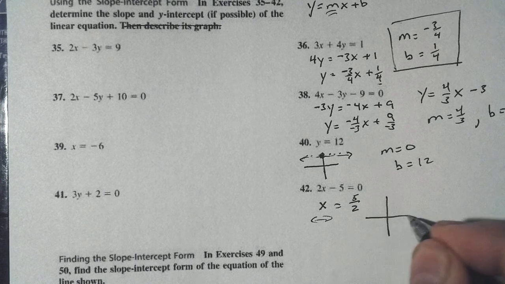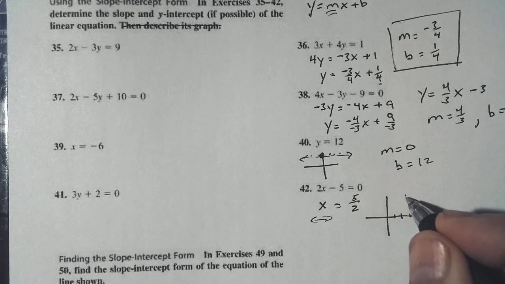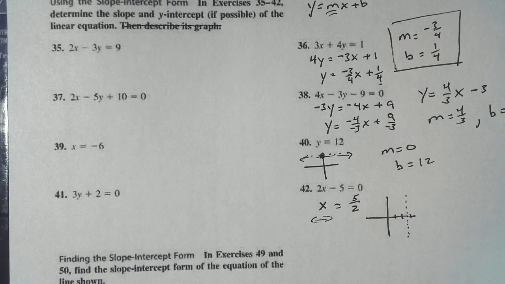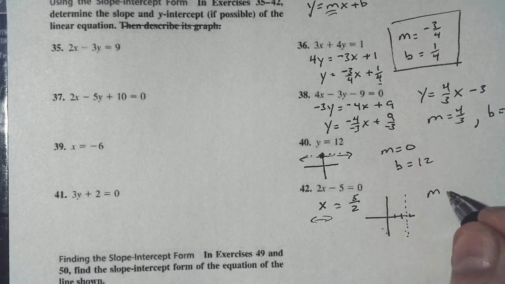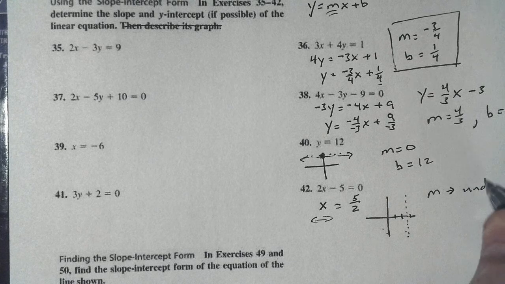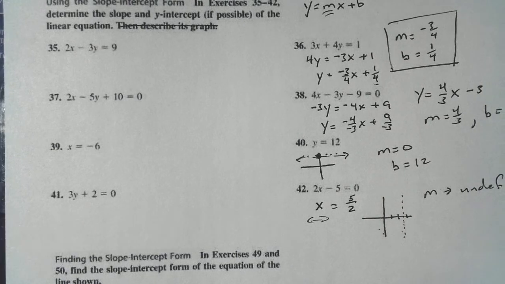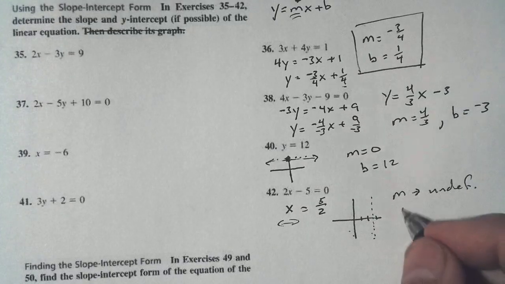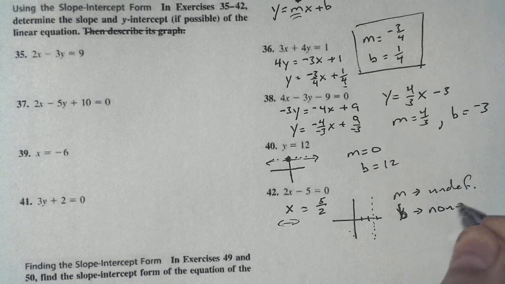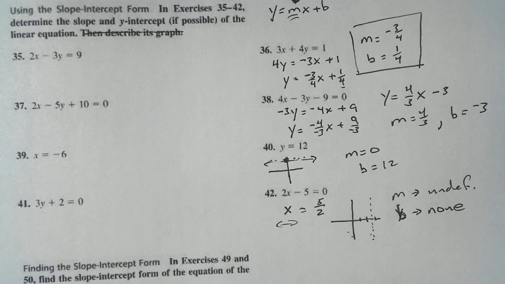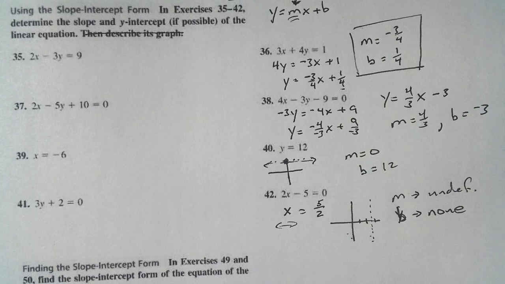All of the points are right 5 halves. So the slope is undefined. And the y-intercept b, there will not be a y-intercept. We've got a vertical line there.